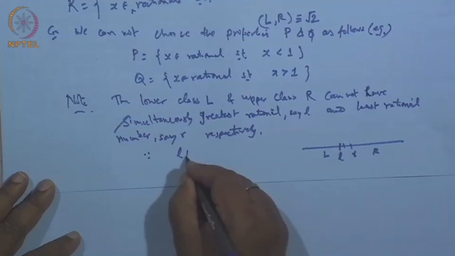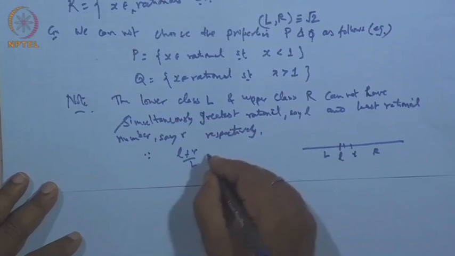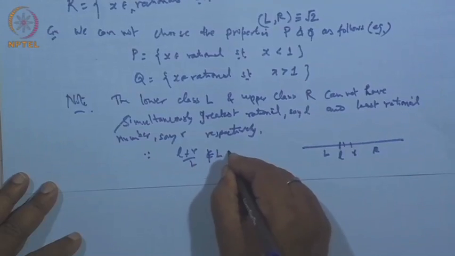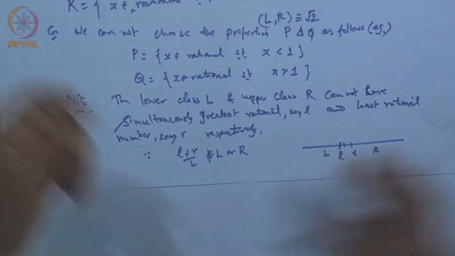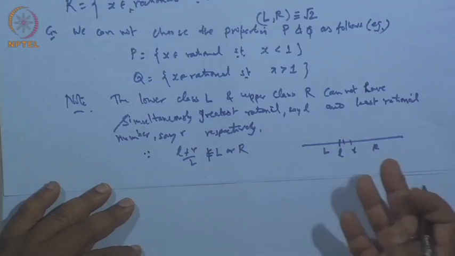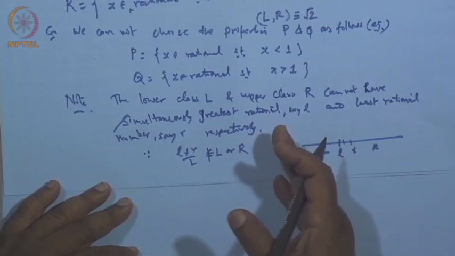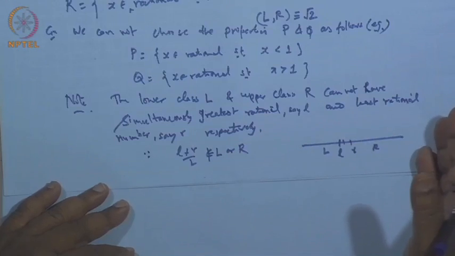Because (L plus R) by 2 is a number that belongs neither to R nor to L. So, infinitely many numbers will be left out between L and R, which occupy a position neither in L nor in R. It means our section of all rational numbers is not complete.